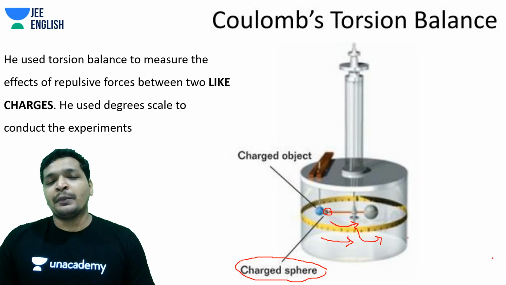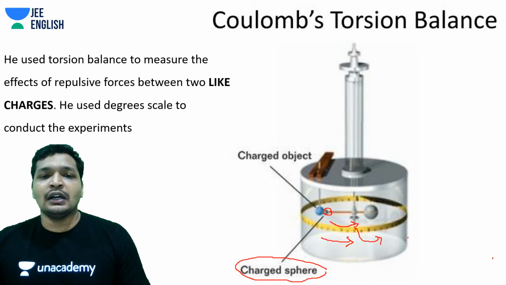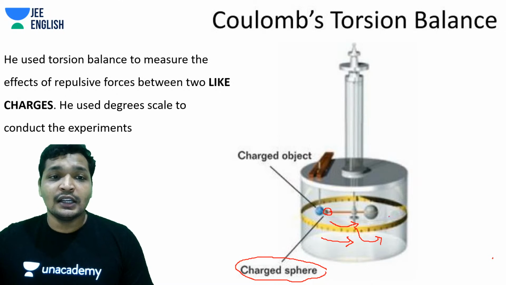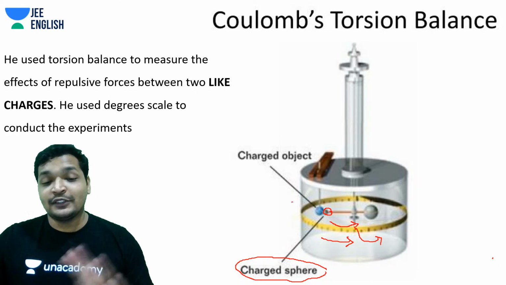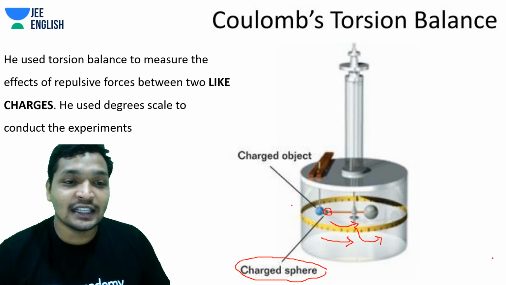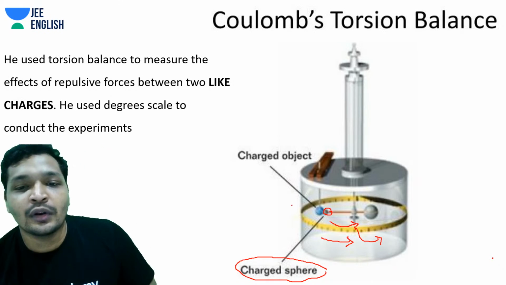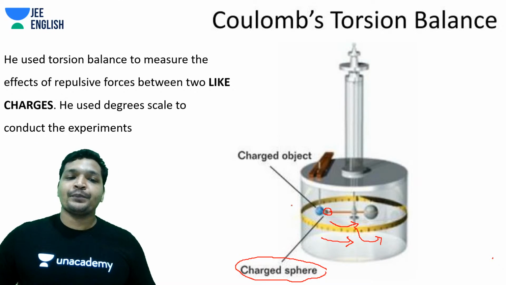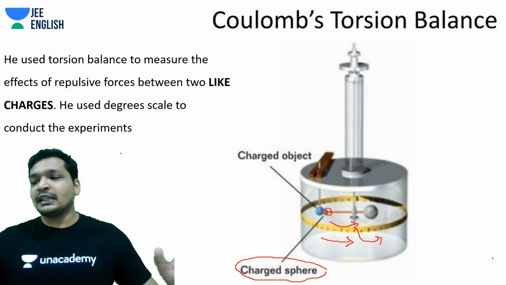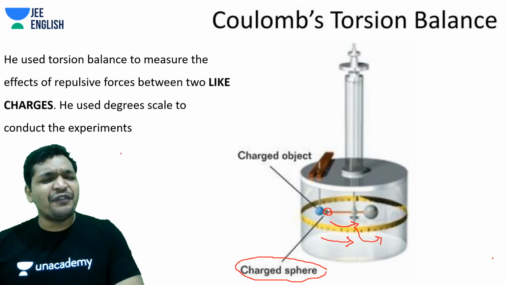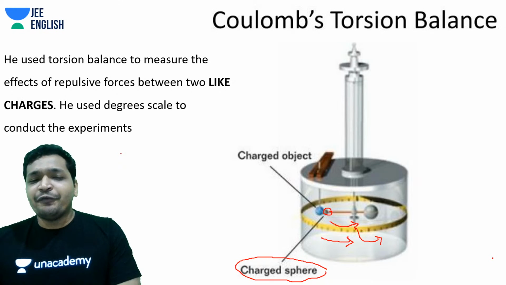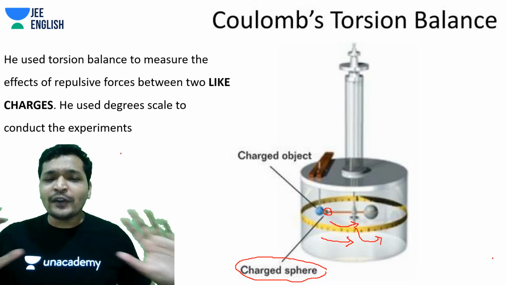If it had been unlike charges, sorry guys, if it is unlike charges, they may get attracted and it wouldn't have been possible back then. So that was the entire interesting thing about Coulomb's torsion balance. A very interesting experiment. A very enthusiastic person who proved everything.